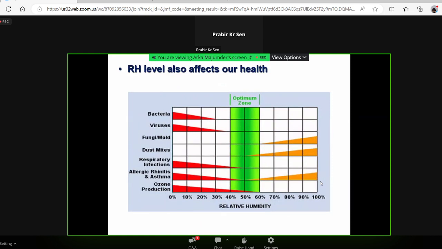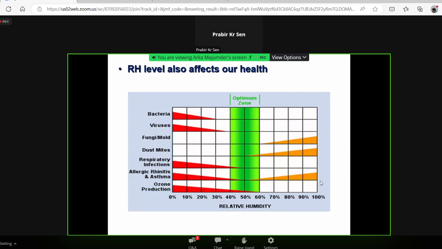Now, inside temperature we discussed. Now inside relative humidity. This is a fantastic figure which shows a green corridor between 40 to 60% RH. That means all your infections are minimum at 40 to 60% RH.